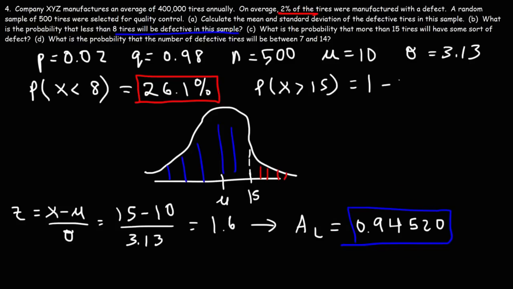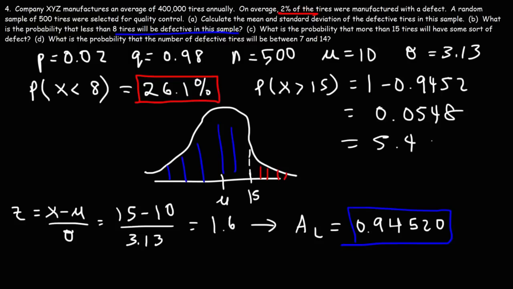So it's 1 minus 0.9452. And so that's 0.0548. So that corresponds to 5.48 as a percentage. So there's a 5.48% chance that more than 15 tires will have some sort of a defect.